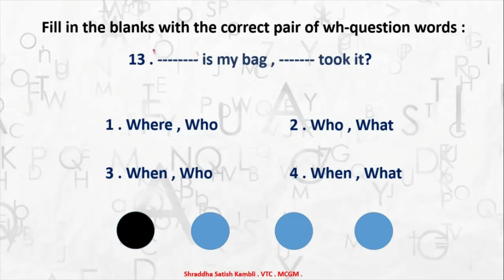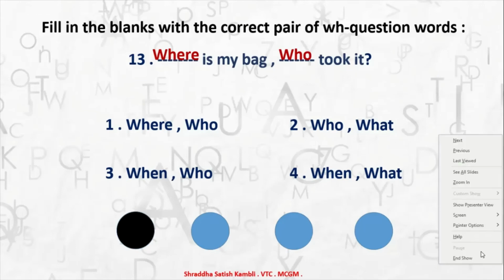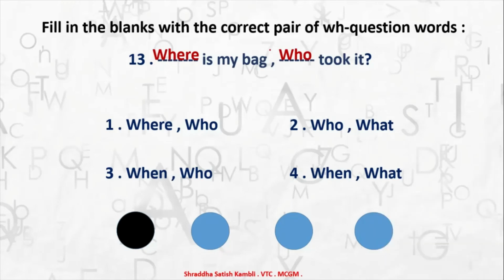Where is my bag, who took it? So there, instead of a question mark, by mistake we have put up the full stop. So let me correct it for you. So instead of the comma you have the question mark. Where is my bag, who took it? Okay.